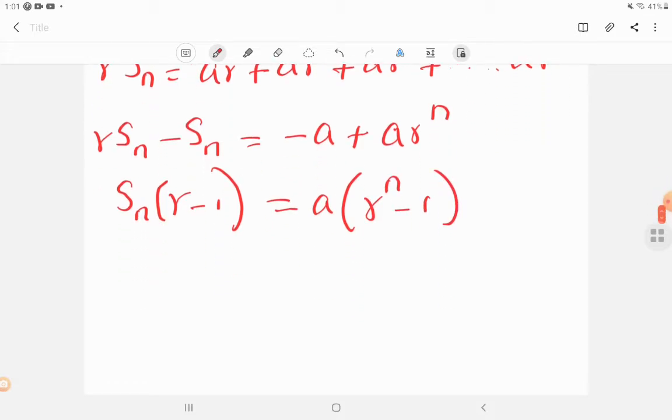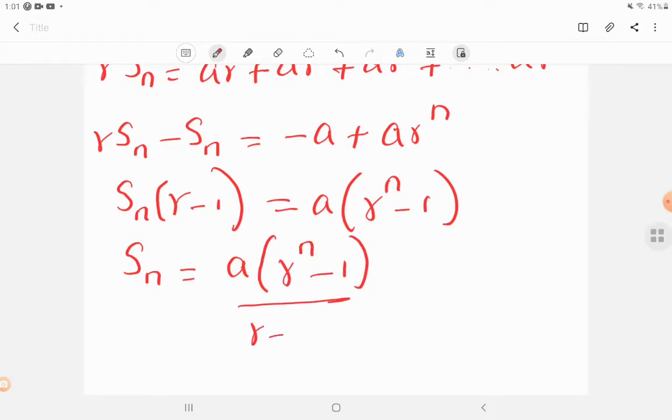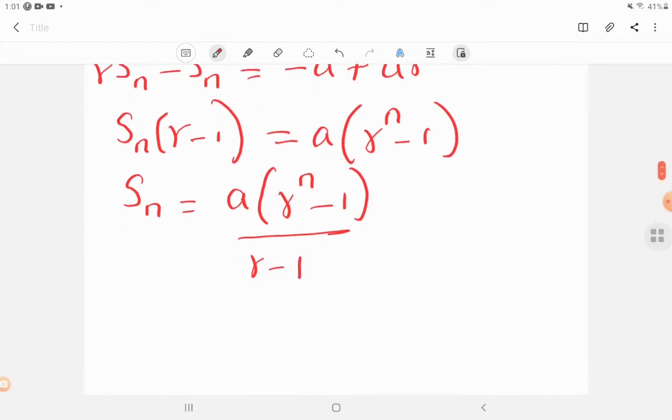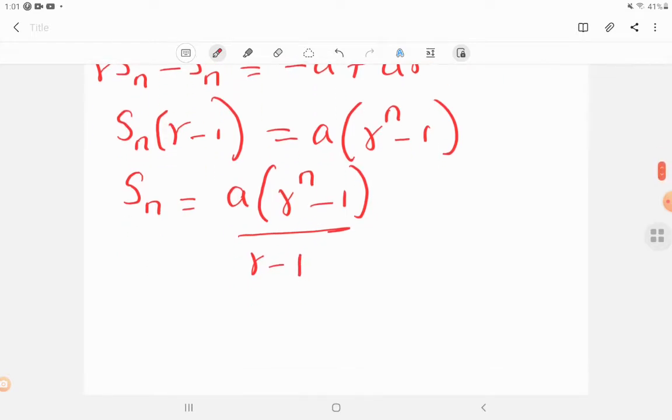So again, we write this expression: Sn is equal to a times r to the power of n minus 1 divided by r minus 1. Therefore, we have derived the formula. In order to find the sum of a geometric sequence, use the formula Sn is equal to a times r to the power of n minus 1 divided by r minus 1.